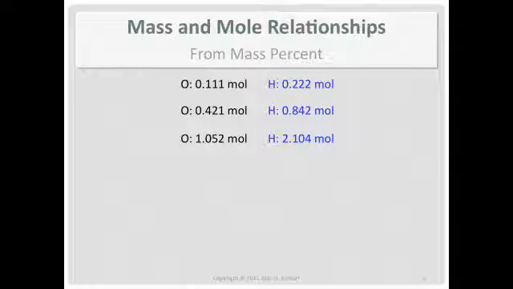So it's not the absolute moles that are important, it's the relative moles that are important. Regardless of the sample size, for water, you expect there to be 2 moles of hydrogen for every mole of oxygen. And in this case, oxygen was our comparison. So that's what we need to do.